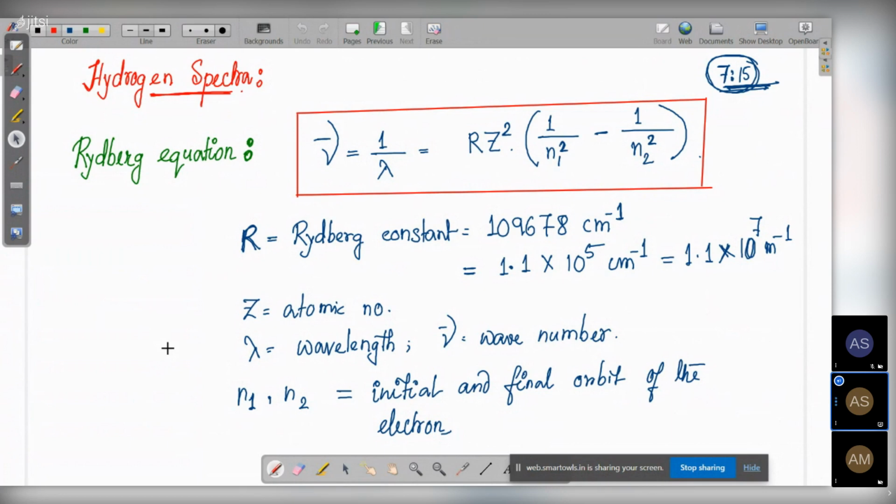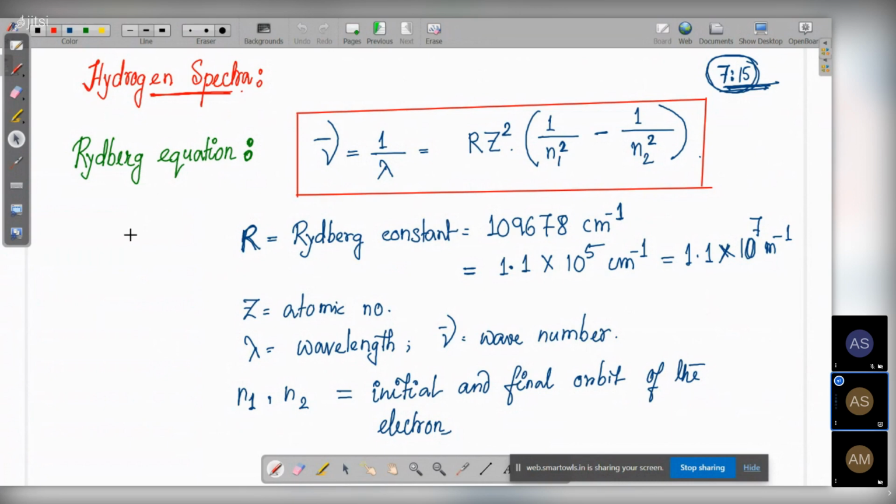Now see, whenever an electron is getting excited, remember, electron absorbs energy. It will absorb energy and go to a higher energy level when it is jumping from one level to another. Or if it emits energy, then it will jump back from a higher level to a lower level.